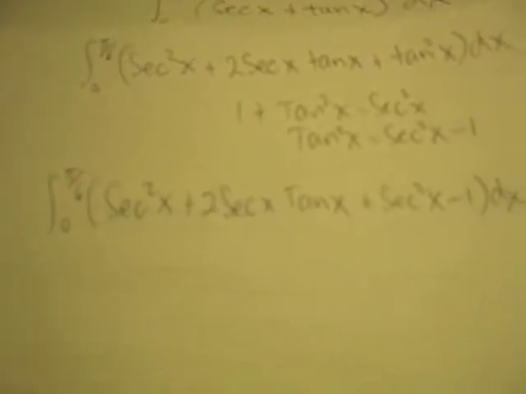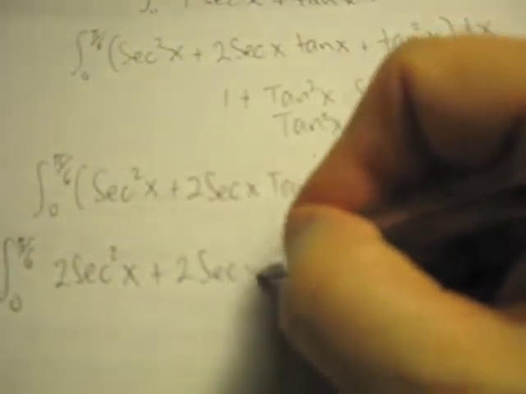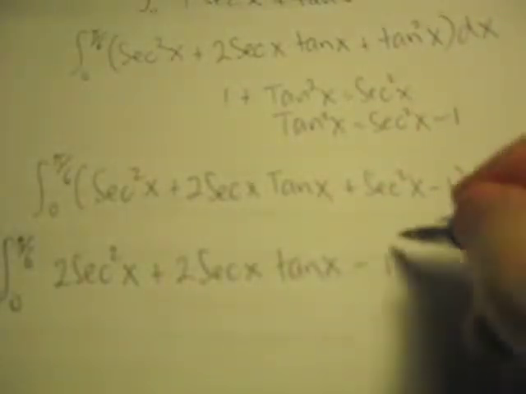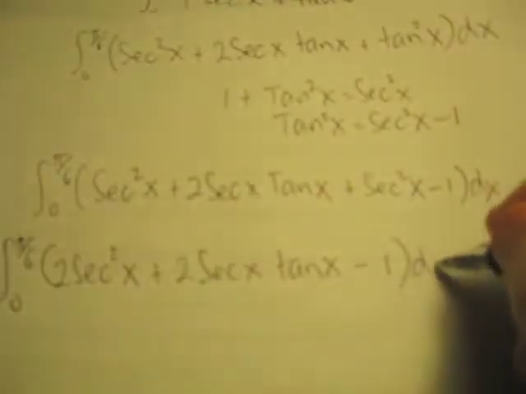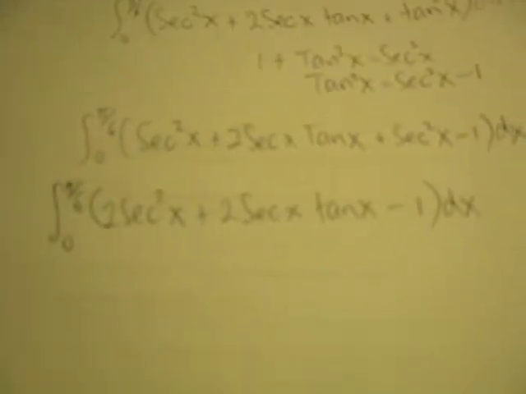Now we can simplify that down, and we get the integral from 0 to pi on 6 of 2 sec squared x plus 2 sec x tan x subtract 1. Now we can split this integral up just to make it easy.